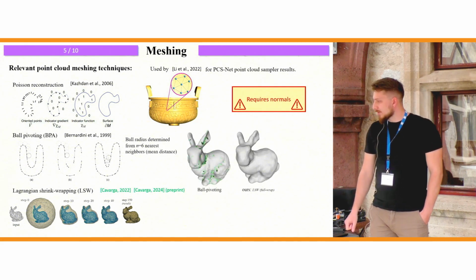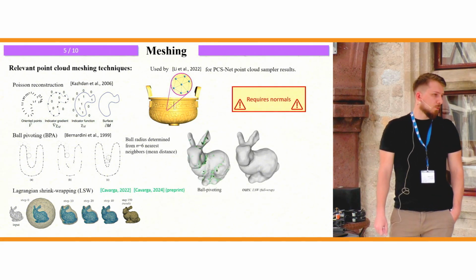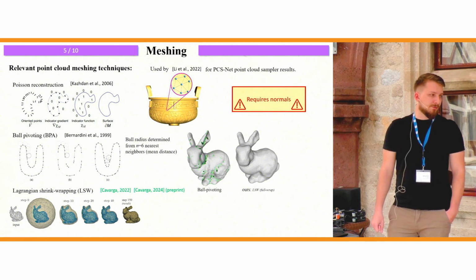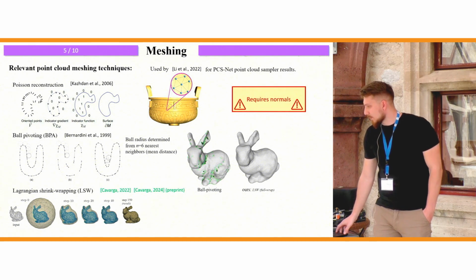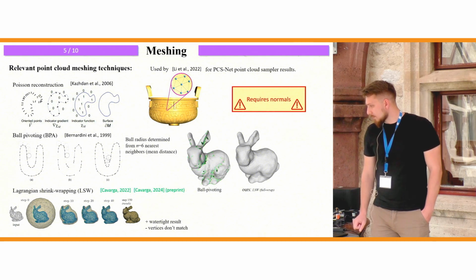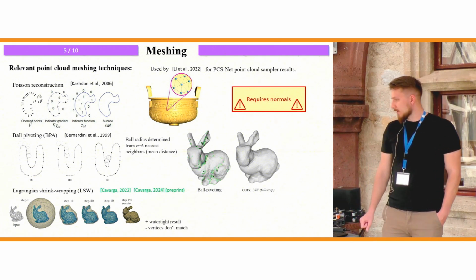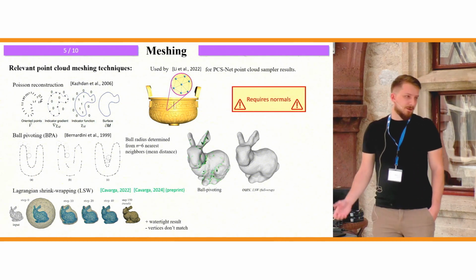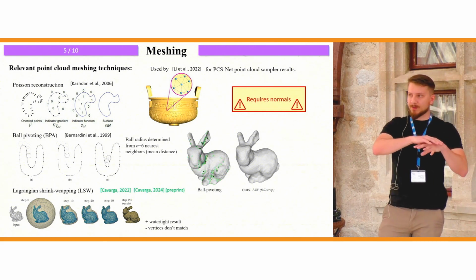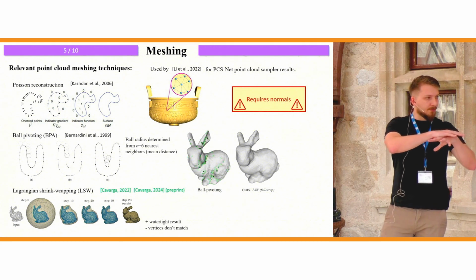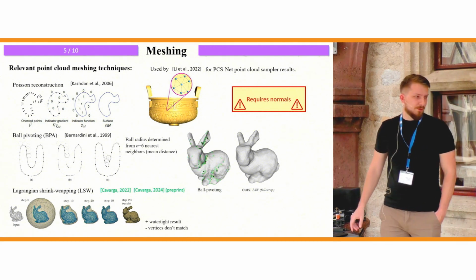The advantage is that you create a watertight surface without having to close all the holes and solve all the topology issues. This is the positive thing about it, but obviously the vertices don't match, so there's no guarantee of the surfaces actually being on top of each other, and there's some deviation.